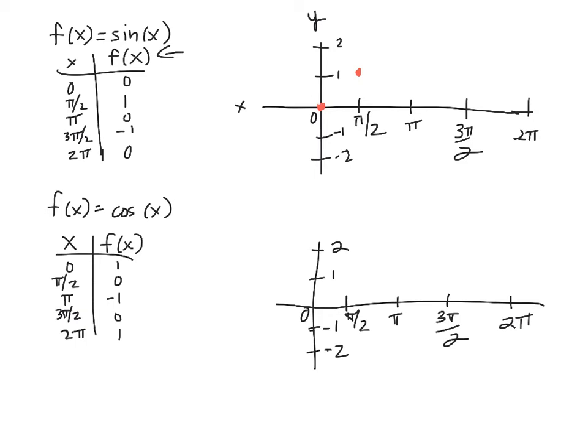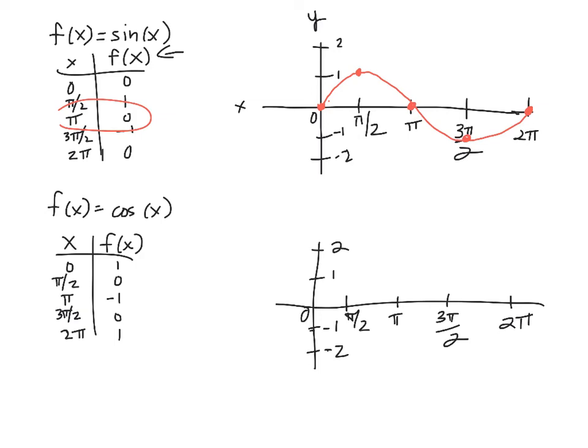The next one, we go to the right pi, we go up or down 0. We go to the right 3 pi over 2, we go down 1. And then back at 0. So our graph, when we connect these points, will look something like this. Notice that I didn't draw a straight line. I made it curved.